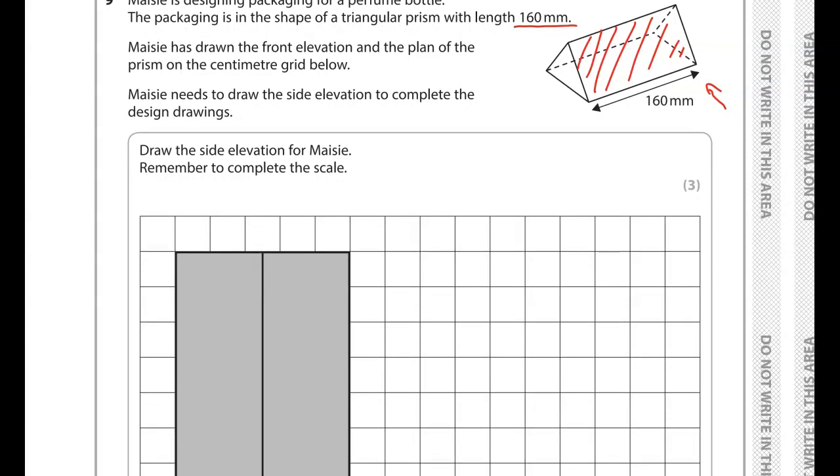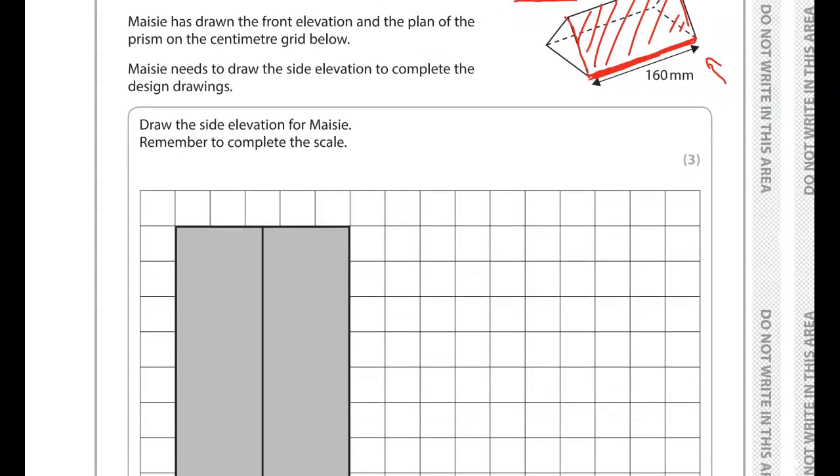Now, as we've got the plan, and the plan includes this length here that we need, we can use that information to help us draw.